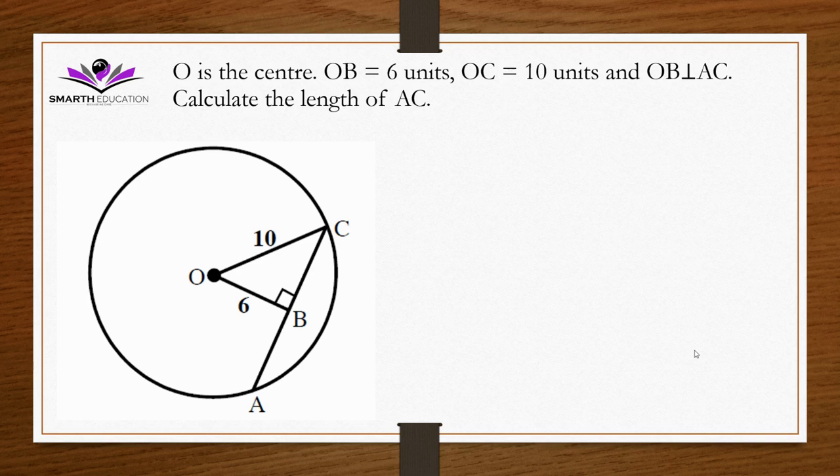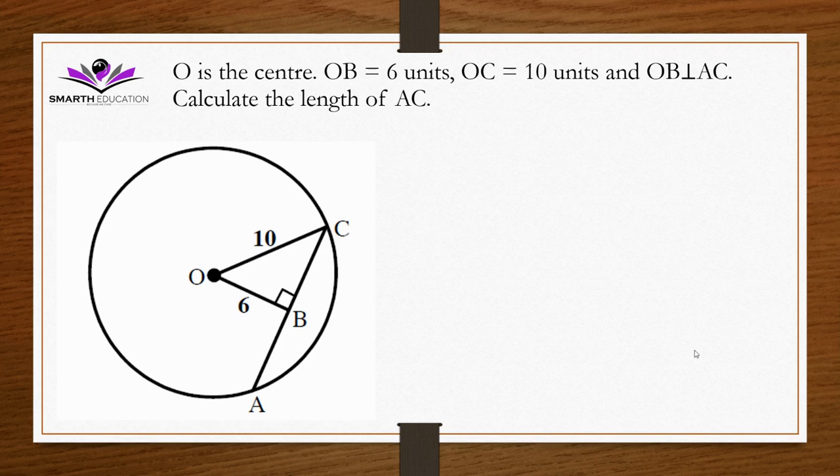Welcome back. What did you do? So now, what do we see here? OB is perpendicular to the chord AC, so it means it is dividing AC into two equal parts.